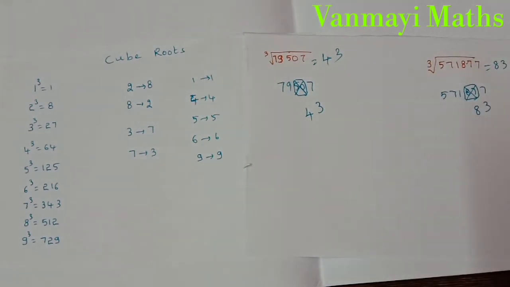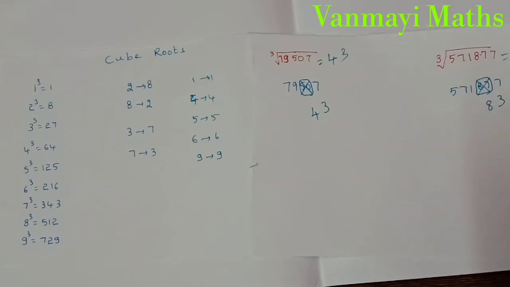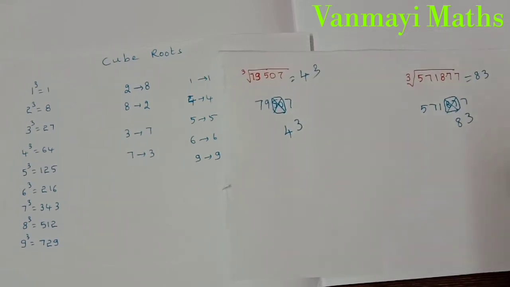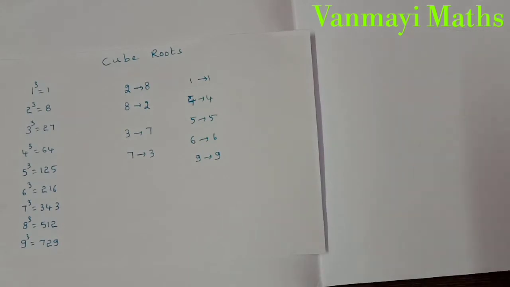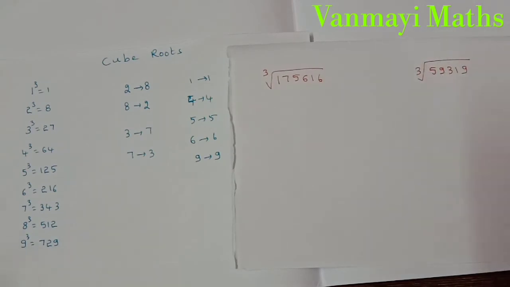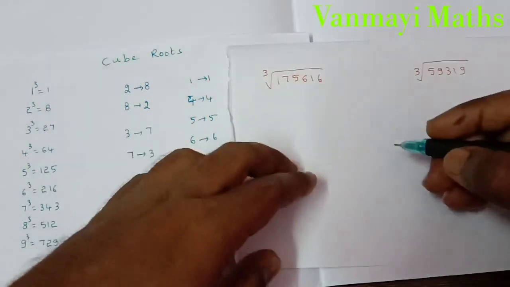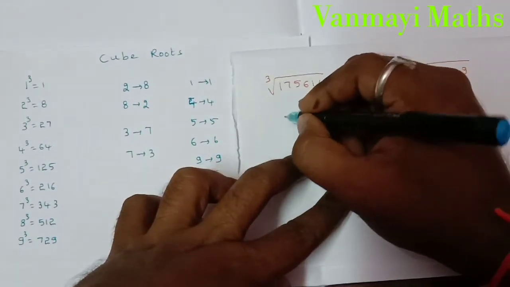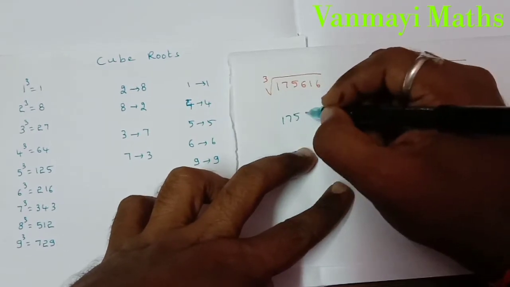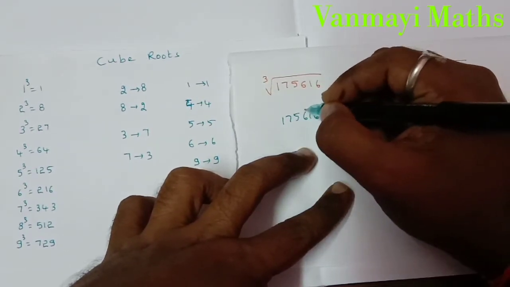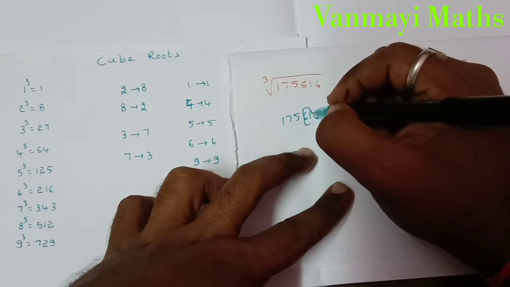This is the way it is very easy to find the cube roots of given numbers. Next, we will go with another one, 175616. What is the cube root of 175616? Strike out the tens place and hundreds place.